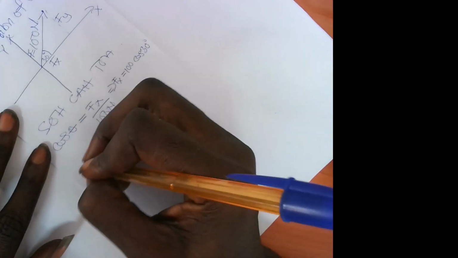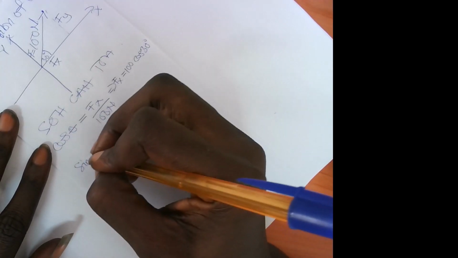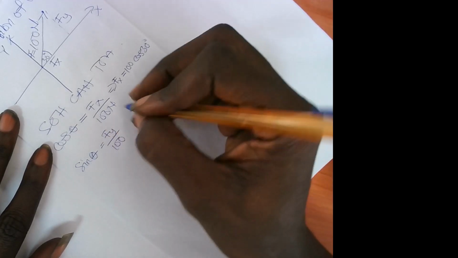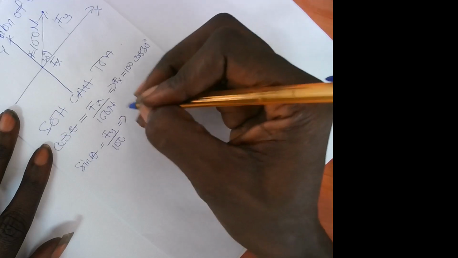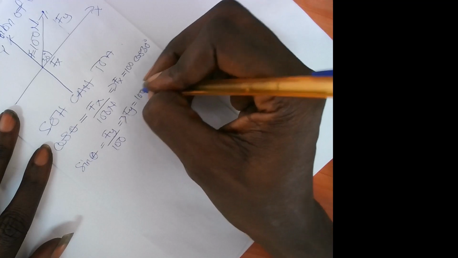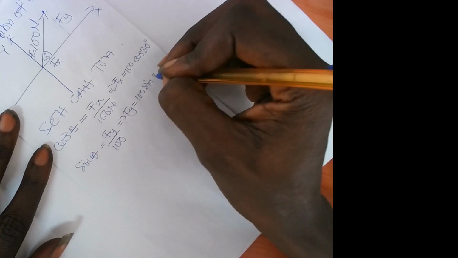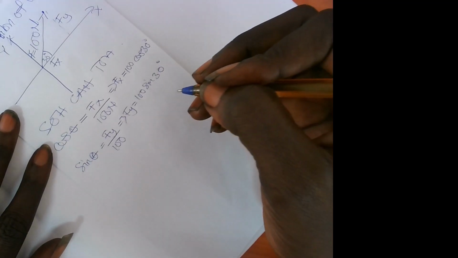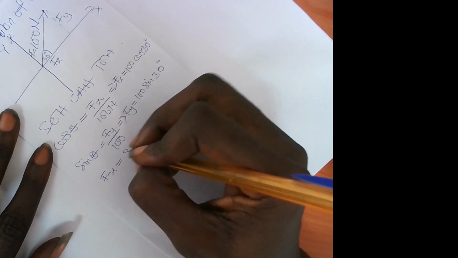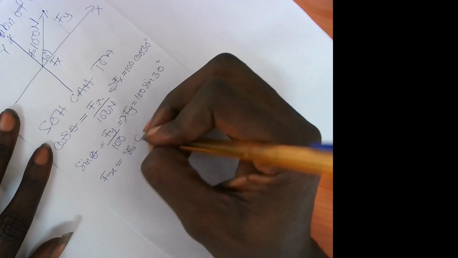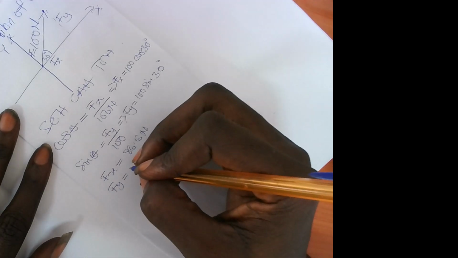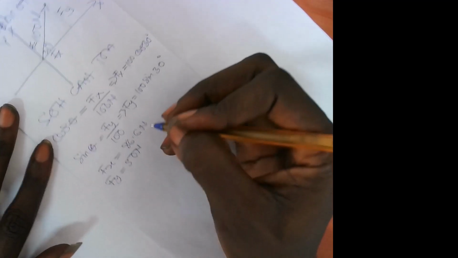And then sine theta is going to be Fy over 100. Because it's the opposite, Fy is going to be 100 sine 30 degrees. So when we do that, our Fx is going to be 86.6 Newton, and our Fy is going to be 50 Newton.